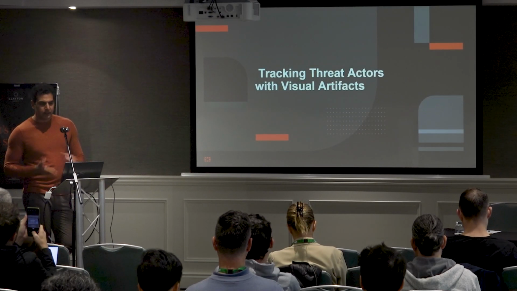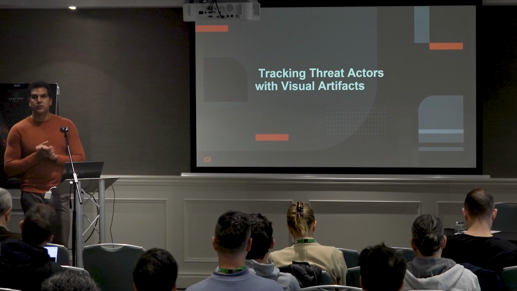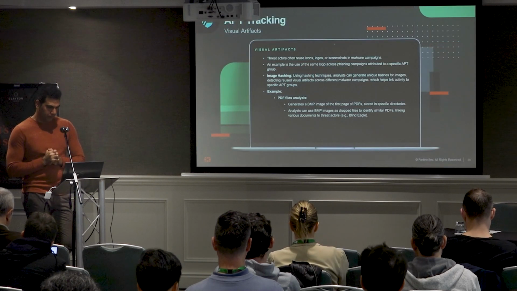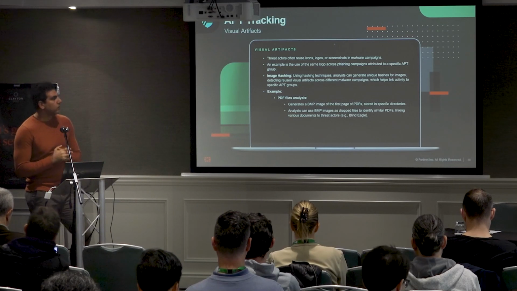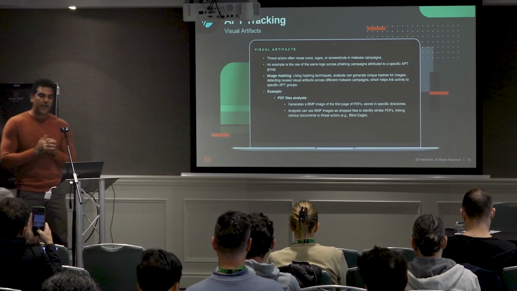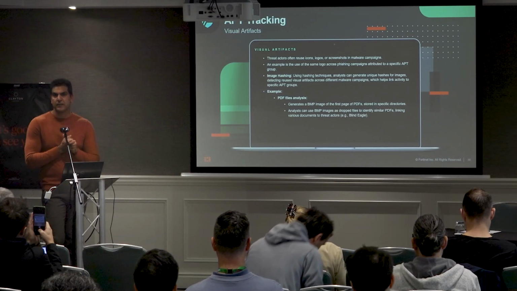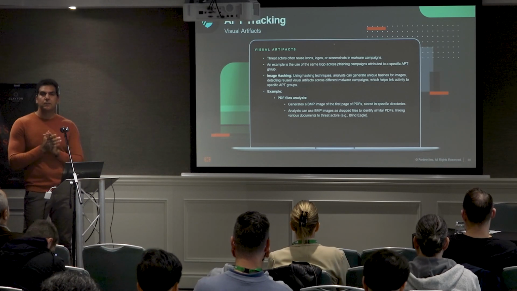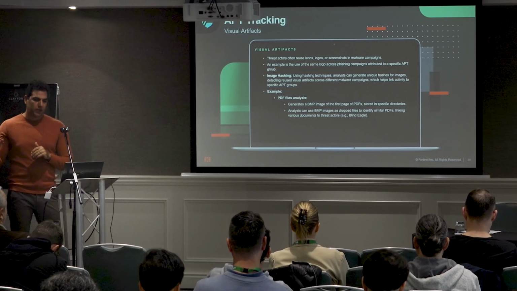The last tracking method that I want to cover in this presentation is visual artifacts. We usually track threat actors from different aspects of an attack, and primarily we focus on the steps after the compromise.